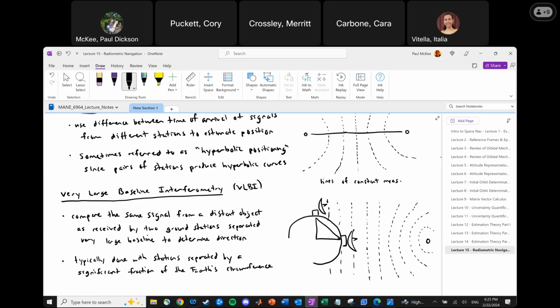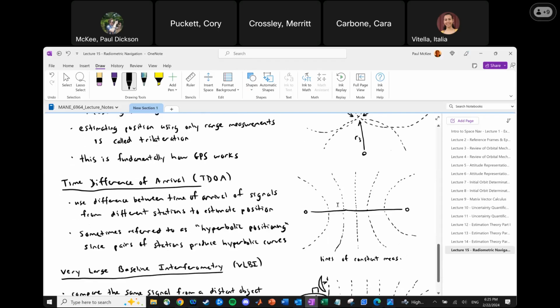And so you can ultimately determine direction from time difference. There we go. So VLBI is a tool that we can use to give us direction.